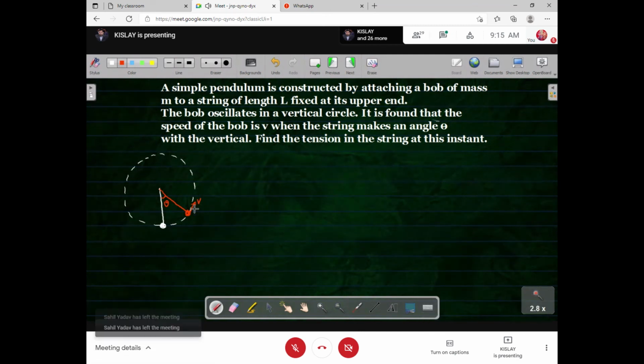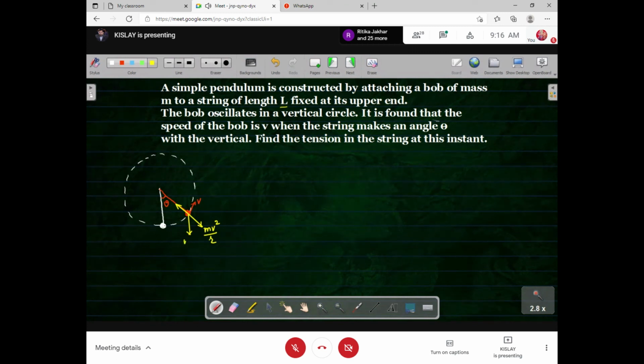Okay, it's very easy. You can find it easily. See, how can we solve? First of all, we must mark the forces. In this direction, it is tension. And in this direction, it is mg. And in this direction, it is centrifugal force, mv square upon r. I'm just taking r, but L is given. We will substitute L later.